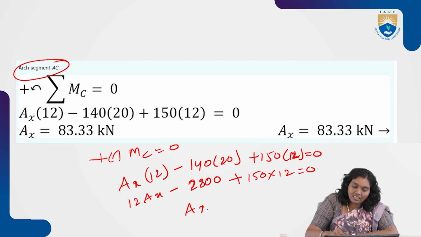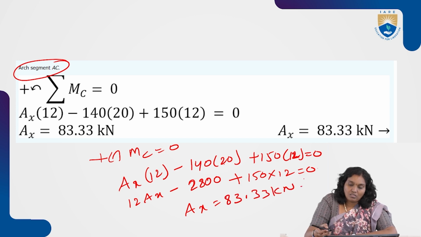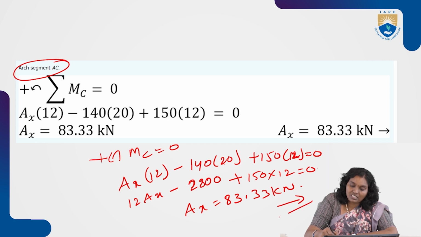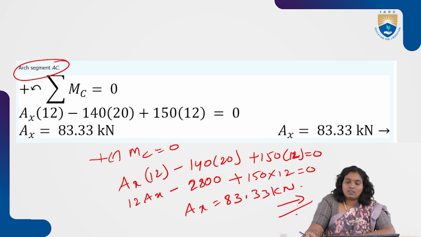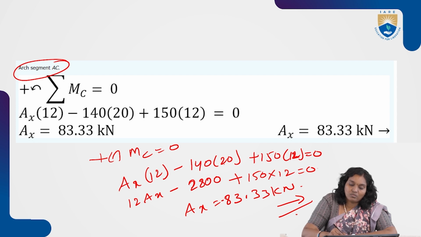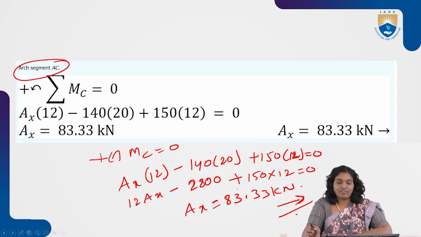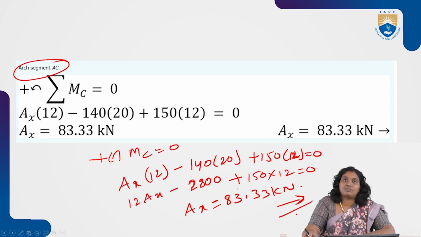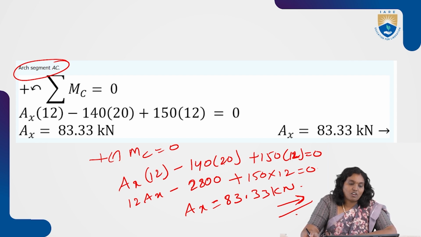Finally, after the calculation, we will get 83.33 kilonewtons. It will come out negative in terms of this side, so that's why we consider it this way. This is how we understand the moment calculations.